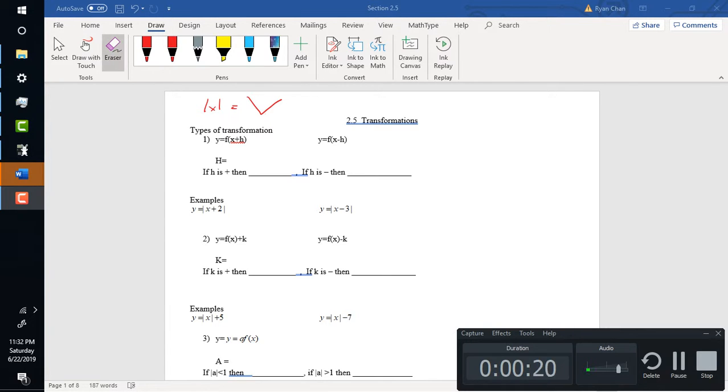Remember, your parent graphs are original graphs, and the examples that we had were lines, quadratics or parabolas, cube root, square root, cubic, reciprocals, and absolute values. Make sure you know the properties of those transformations as well as the actual shape of them. That's going to be very important for us later down the road for this section.